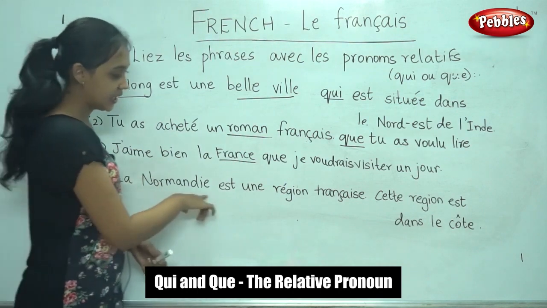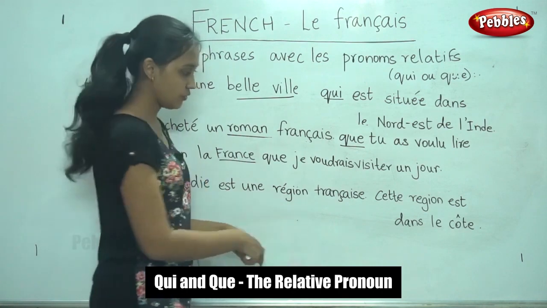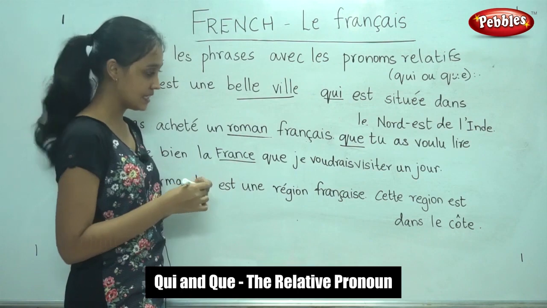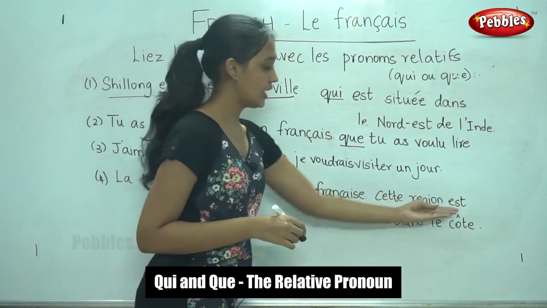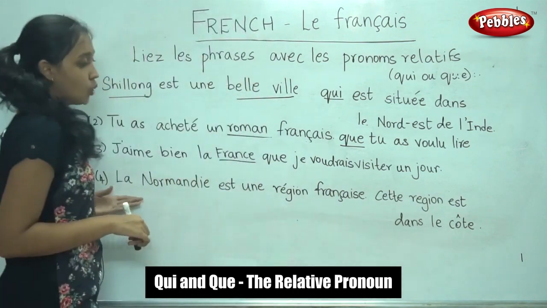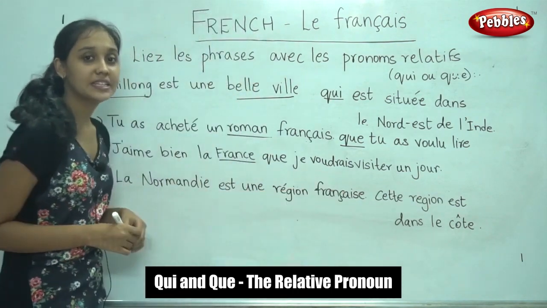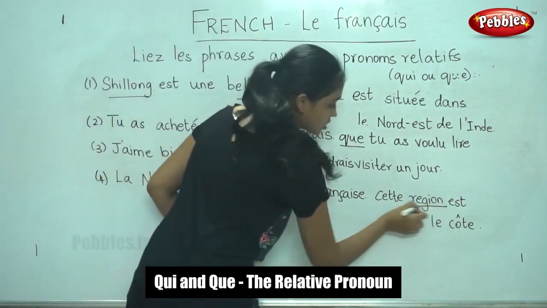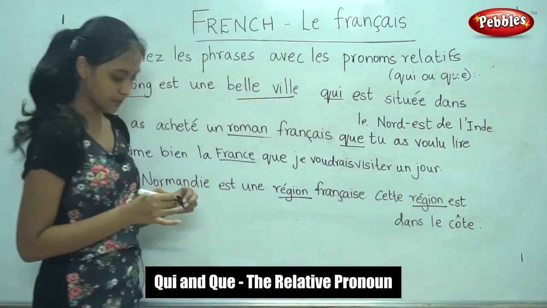La Normandie est une région française. It is a French region, French place. Cette région est dans les côtes. This region. So now tell me, what is the word that is repeated here? It is région. So this is the word that is repeated.